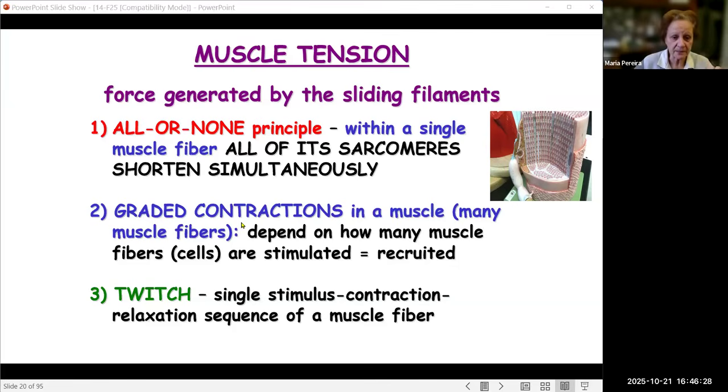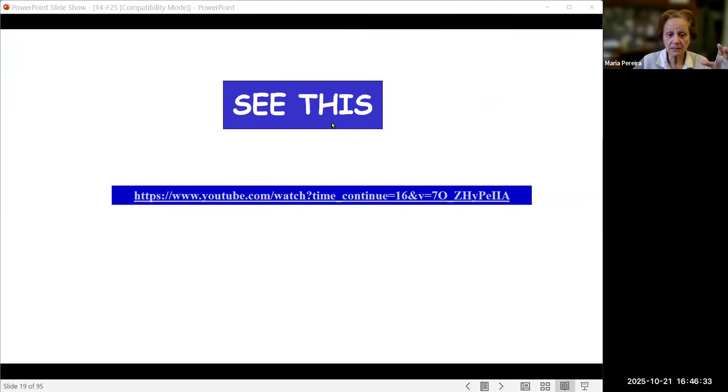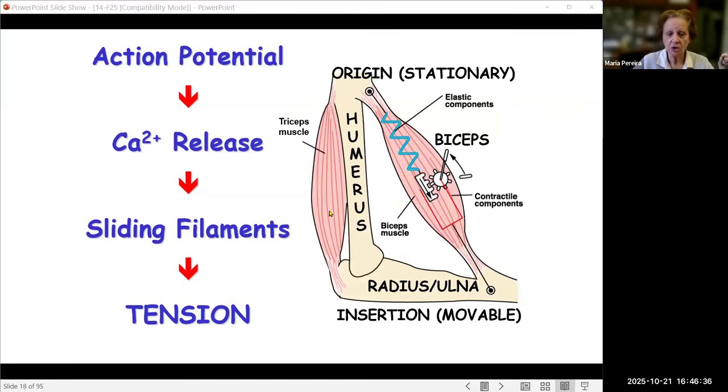What happens is that in a muscle, you have many muscle fibers. So suppose that in the triceps, I'm going to say something that's silly, but let's say that it has 10 muscle fibers. Now let's say that the signal that is now regulating only affects 2 muscle fibers, but the strongest signal will activate 10 muscle fibers. So that's how you get the graded contraction. It depends on the number of muscle fibers that are being activated.